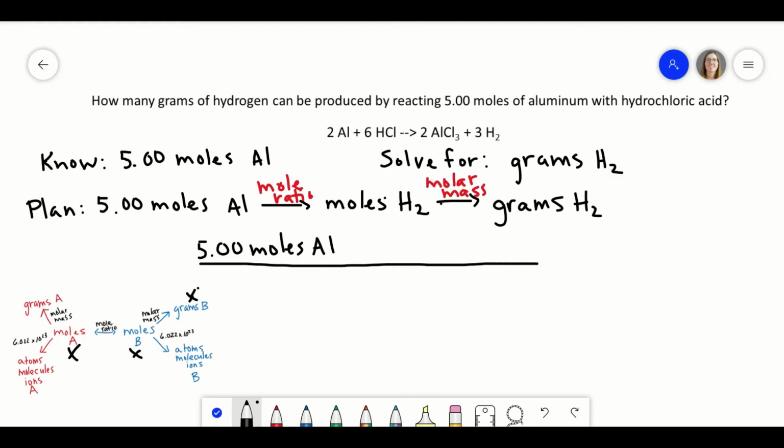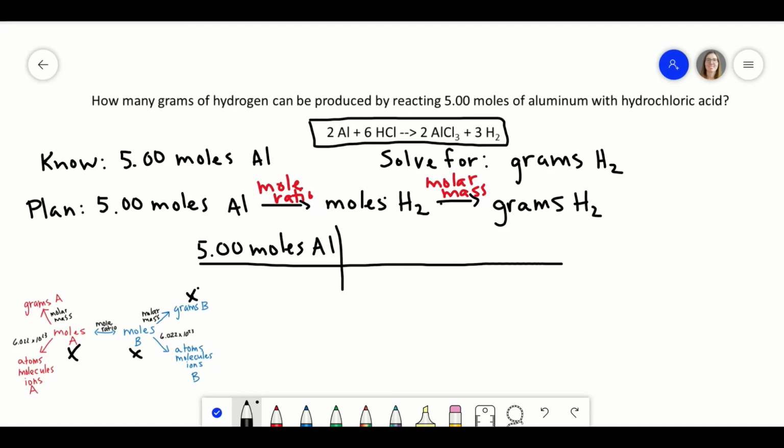And then I'm going to set up my dimensional analysis problem. And I'm going to go to moles of H2 using the mole ratio. And that mole ratio comes from our balanced chemical equation. And it's going to relate moles of aluminum to moles of H2. And we use the coefficients in this balanced equation to help us.